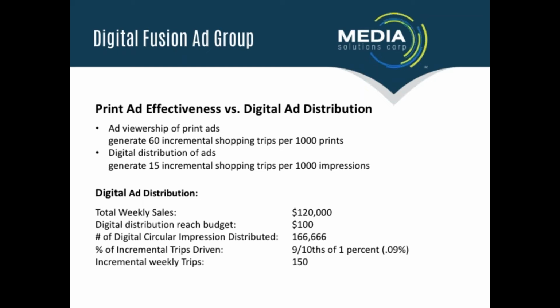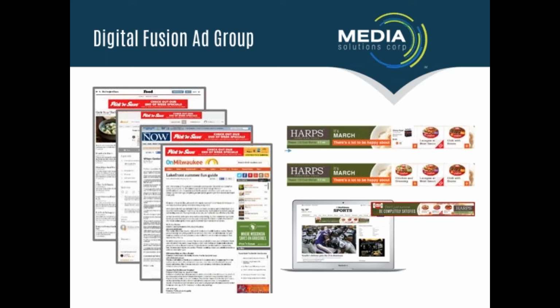So the leverage is that it's so much more inexpensive to promote digitally that you can get a lot more impressions and reach people who may have never been to your website and may not know what your featured items are. But we can, on a budget of $50 to $100 a week, if the store wants, it's optional, begin promoting outside of their own website.